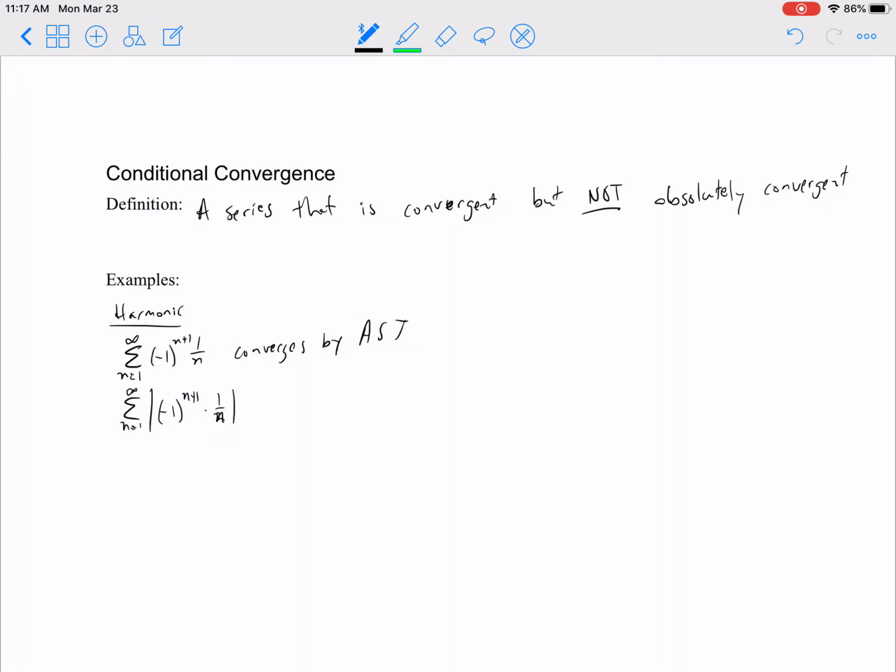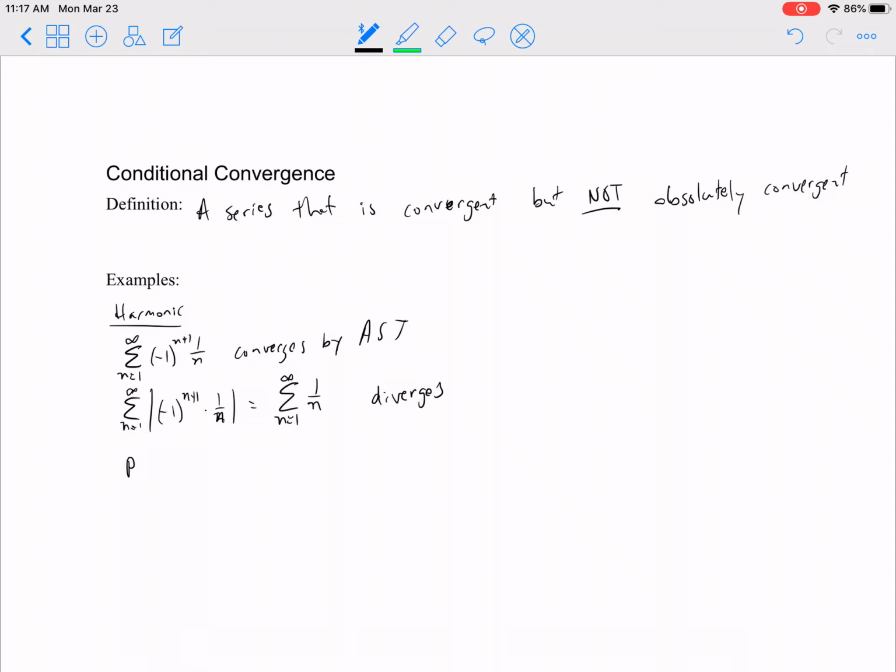This will just equal the sum from n equals 1 to infinity of 1 over n, right? Because we're taking the absolute value, so all the plus and minus signs are going to disappear, and this diverges. Okay?